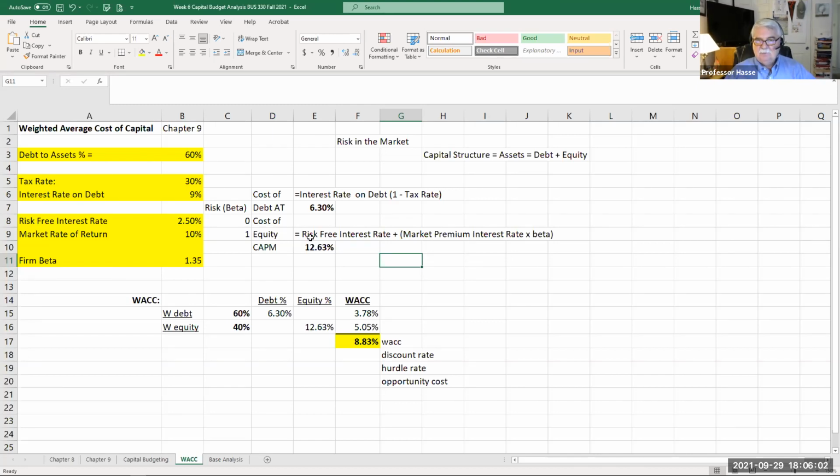Damn, says the broker. You have Professor Hasse in class. You know exactly what questions to ask about the performance and the expectations of this stock. Because if he tells you that the beta is 1.75 and the expected return is 18%, I would get the hell out of there. It's too risky, even for Latoya.